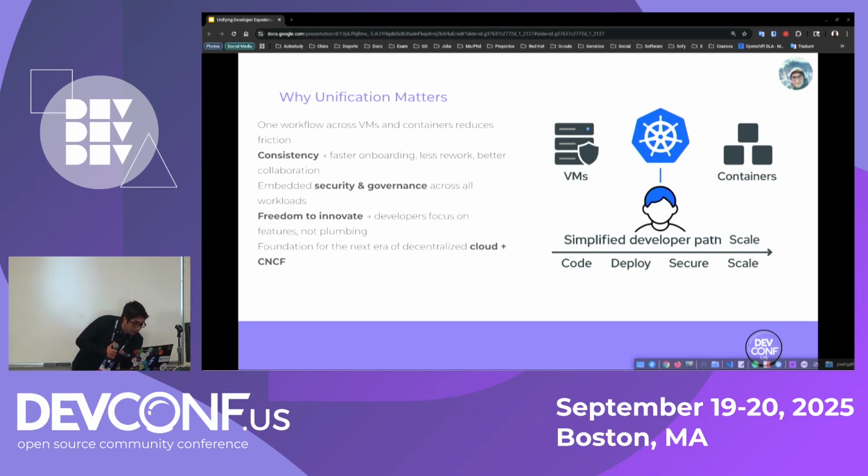Why do we need to unify these worlds? Basically, once developers take away the part of the system, they will be able to develop applications faster, and they will forget about maintenance or plumbing in systems that are not related to the application.